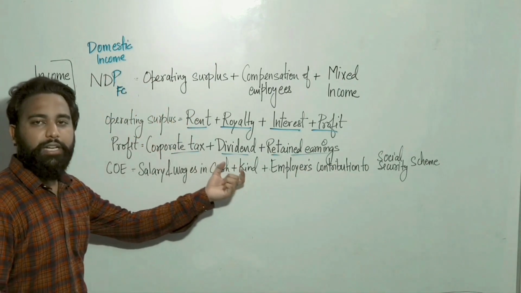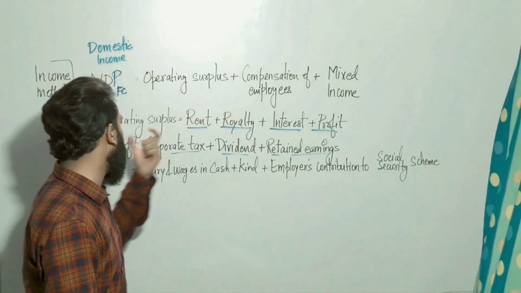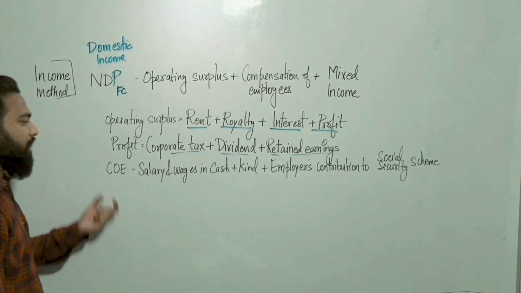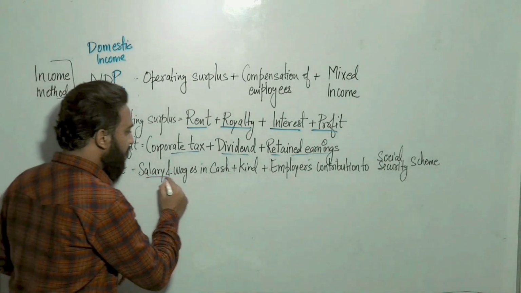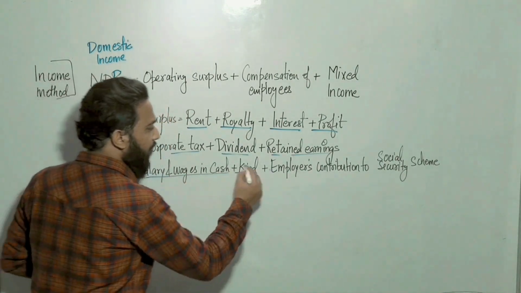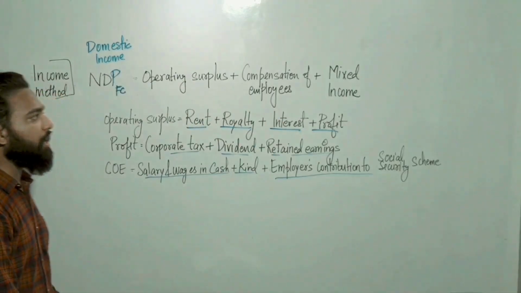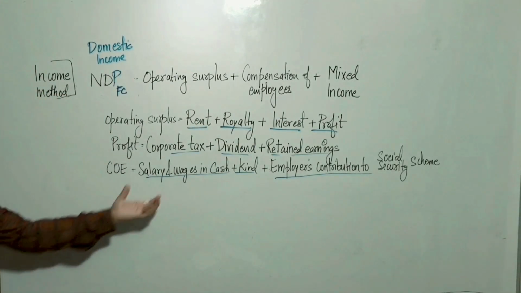And to calculate compensation of employees, we have to add salary, wages in cash, in kind, and employers' contribution to social security scheme. So we have this formula.